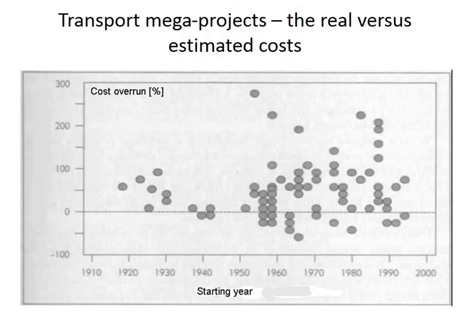If you take a look at this picture, you can see some big mega transportation projects executed in the US, and the zero line shows the final costs equal to the budget, which should appear almost always.